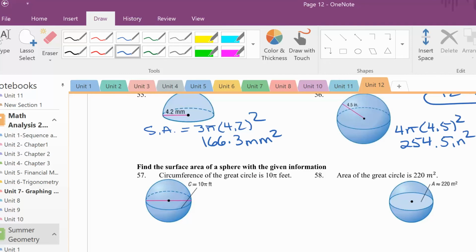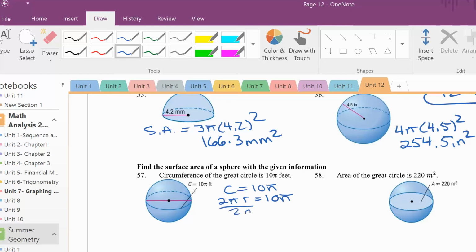All right, it says find the surface area of the sphere, given information. The circumference of the great circle is 10 pi feet. Find the surface area. Well, if the circumference equals 10 pi, that means 2 pi r equals 10 pi.